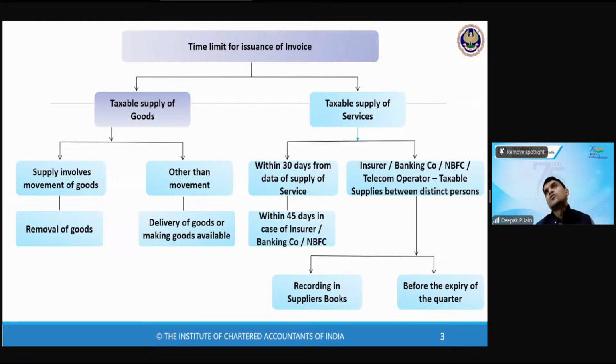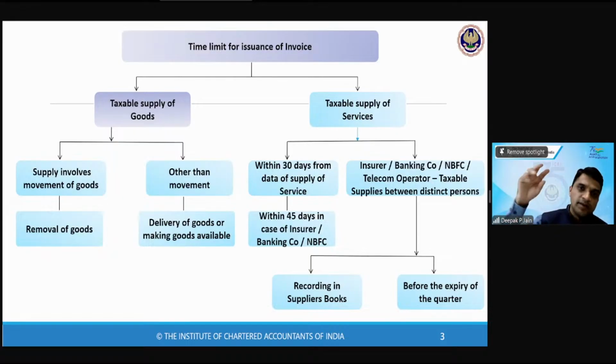So, when you make any transaction with another branch of supply of services, it is not necessary that you raise an invoice. So 45 days for insurance or banking services. It is not cross utilization from insurance to banking, not like that.